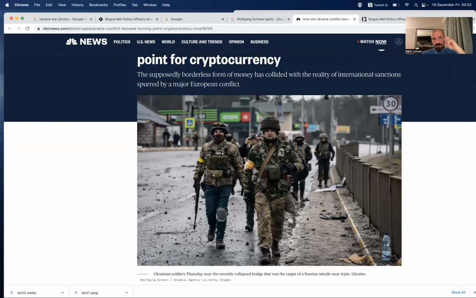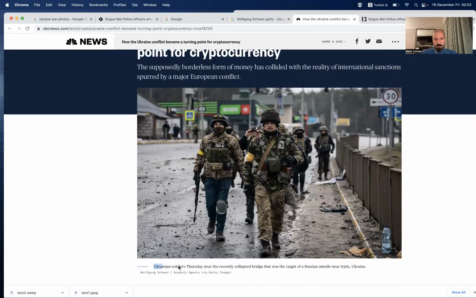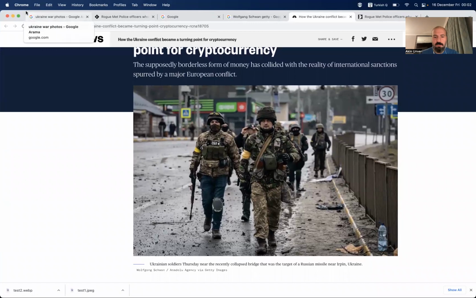And now I have some additional information. Ukrainian soldiers Thursday near the recently collapsed bridge that was the target of a Russian missile near Irpin, Ukraine. So now I have a hit, and I am going to see where Irpin is in Ukraine.